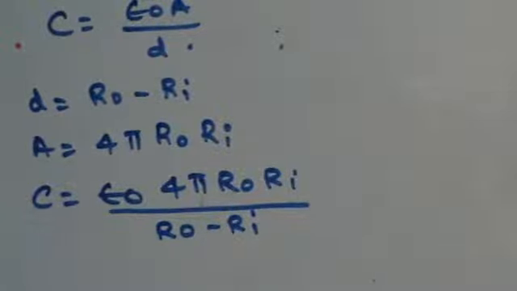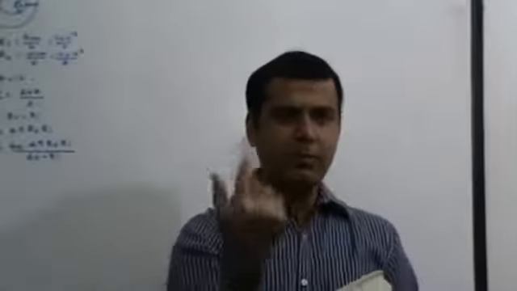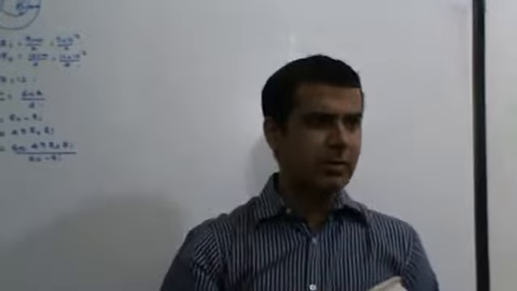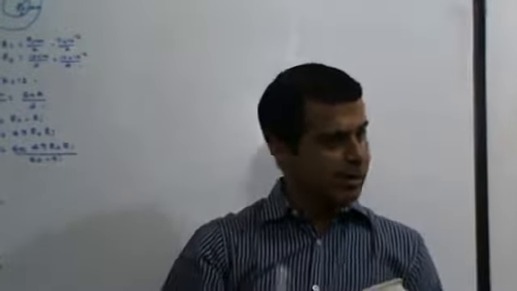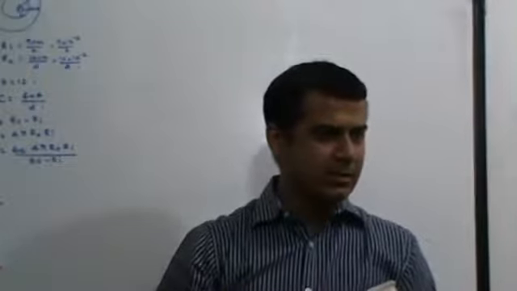When I solve the surface area of the two spheres, the area of the two plates, if I see the top view, this is going to be circular, so that's how you will get 4 pi R, multiply the two, and you will get the total capacitance between them. Fine, do you get this?